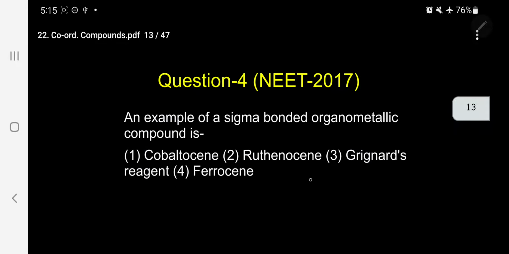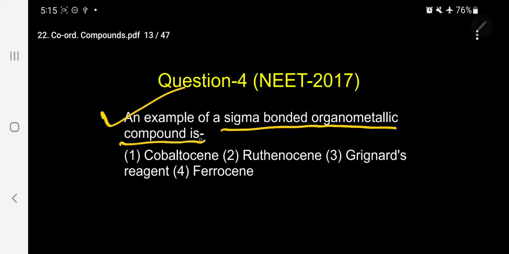Okay, next question. An example of a sigma bonded organometallic compound is: cobaltocene, ruthenocene, Grignard reagent, ferrocene. You must know all these things, but you know the Grignard reagent very easily.